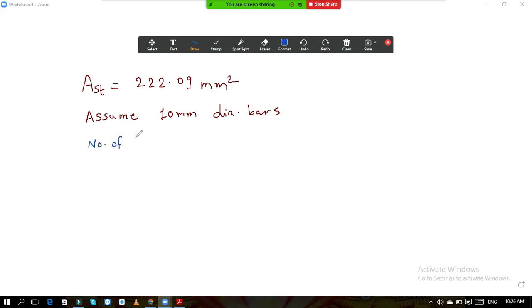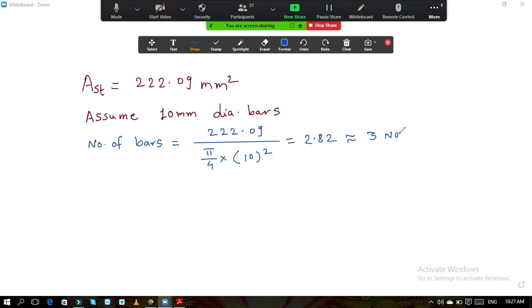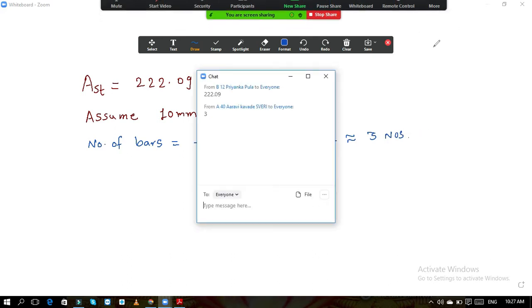The number of bars is equal to Ast, that is 222.09, divided by the area of a single bar, that is pi by 4 into 10 square. The number of bars works out to be 2.82, which is nearly equal to 3 numbers.